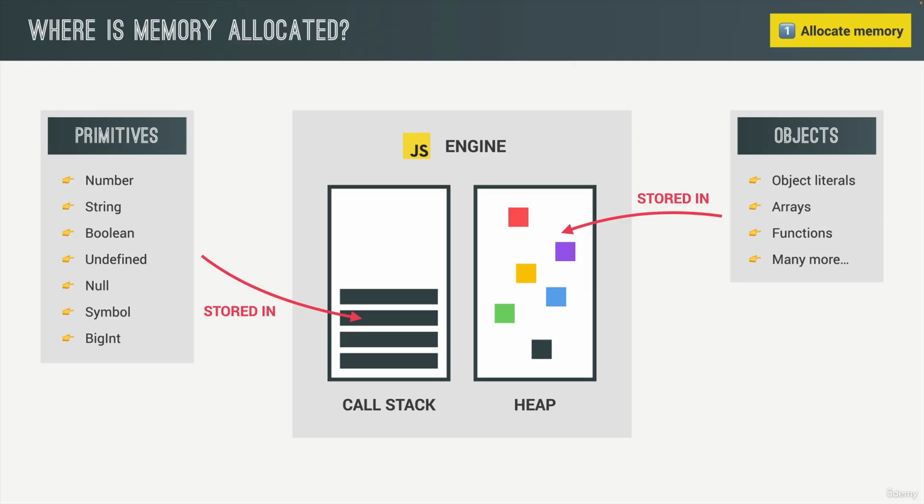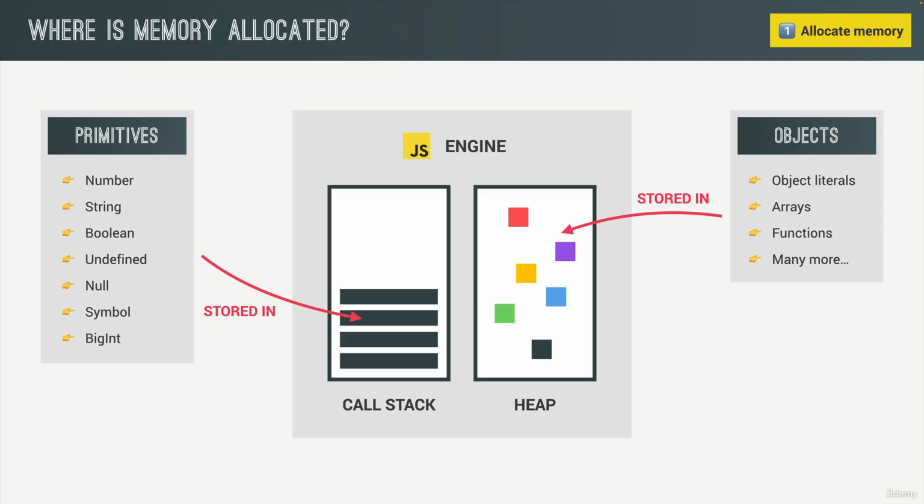Now, there might be some exceptions to those rules because modern JavaScript engines are highly sophisticated and dynamic, so that, for example, they might store an extremely long string, which is actually a primitive, in the heap, so that the call stack where strings are usually placed can be optimized. But in general, as a mental model, this is how memory allocation works, and it's really all you need to know.